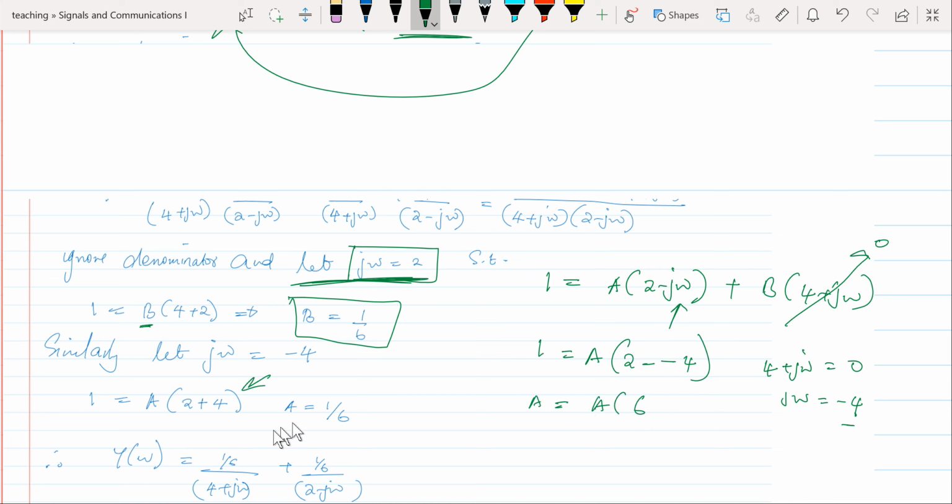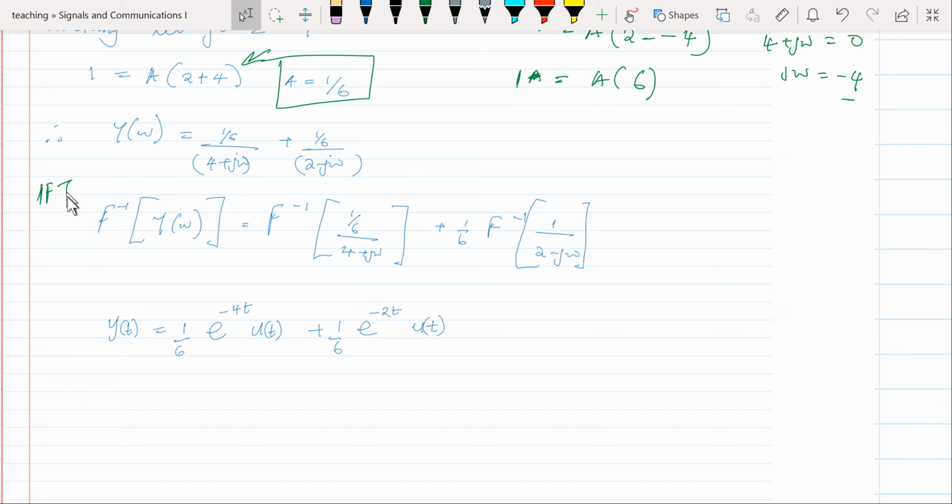Once we have found that, we can express our equation replacing a, which we found as 1 over 6, and b as 1 over 6. Therefore, we can obtain our y of t by finding the inverse Fourier transform of our Y of omega, which we can now separate as we have done.